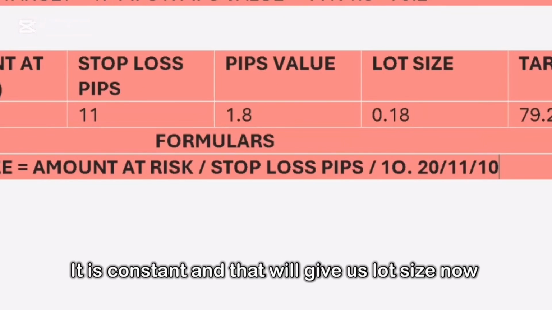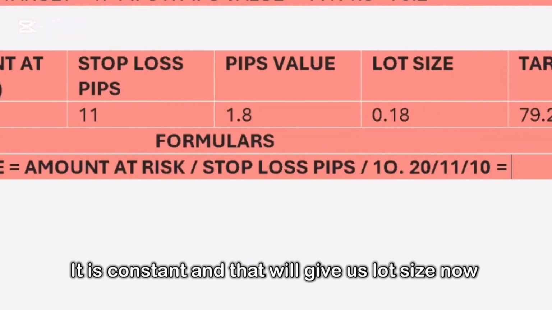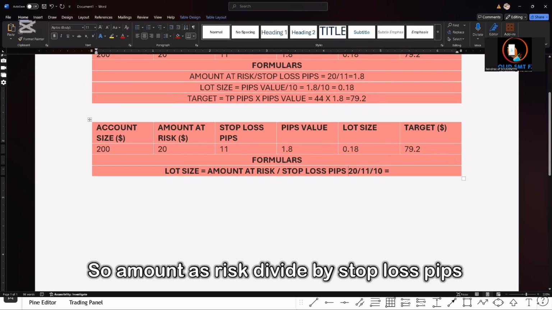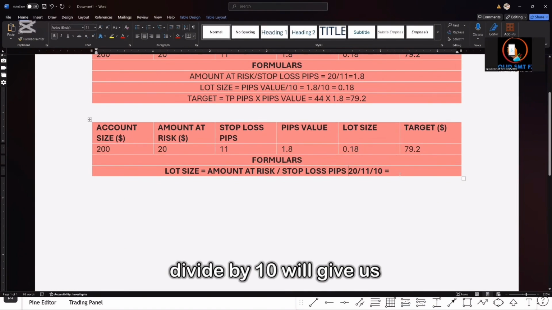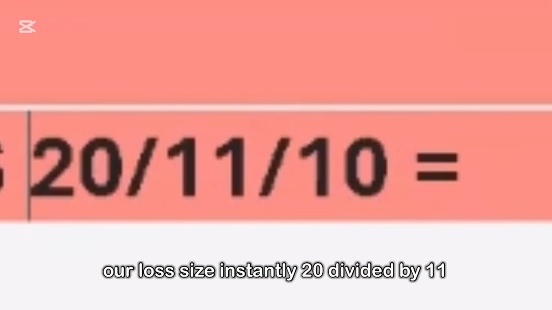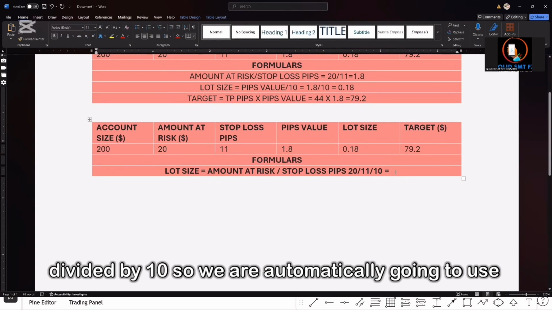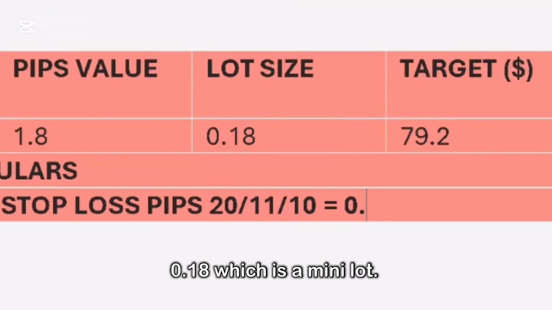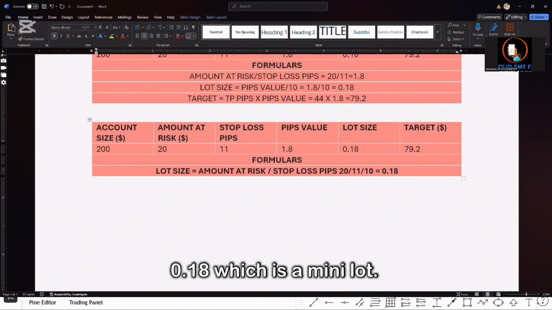It is constant. And that will give us lot size instantly. 20 divided by 11 divided by 10. So we are automatically going to use 0.18, which is a mini lot.